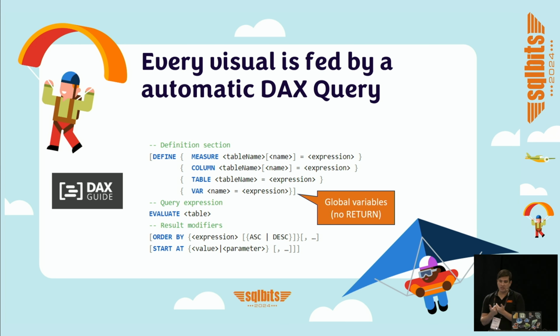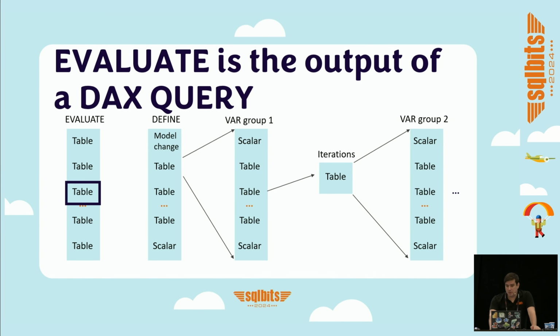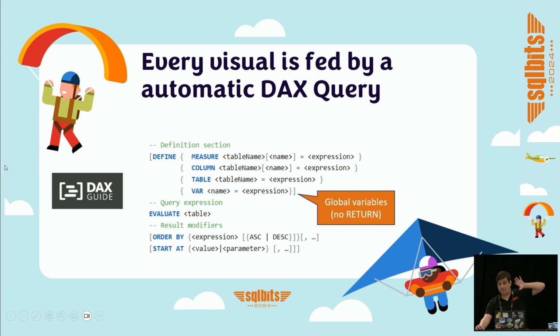Why is this important? If you're writing measures or calculated columns or tables, who writes the DAX for you is the actual engine that runs the report. So normally you don't have access to that part. That's why most people overlook it. Why is it important? Because, going back a little bit, the define block is optional.